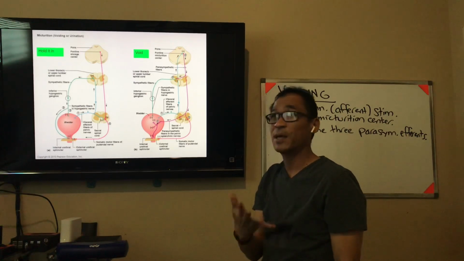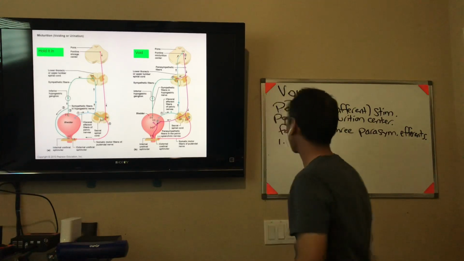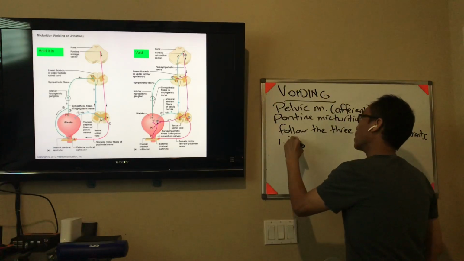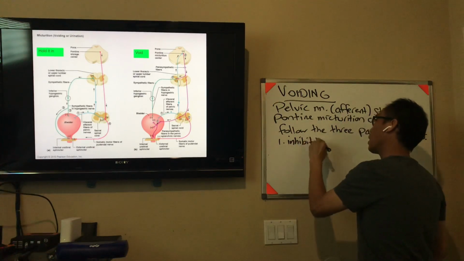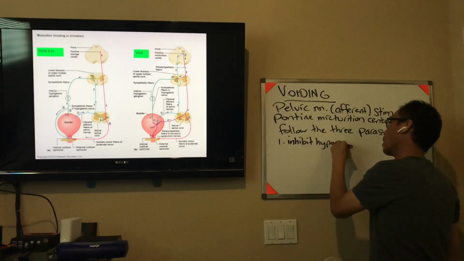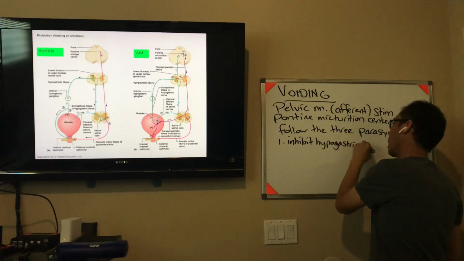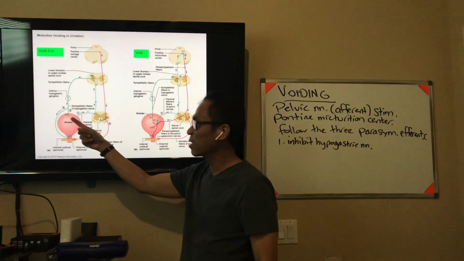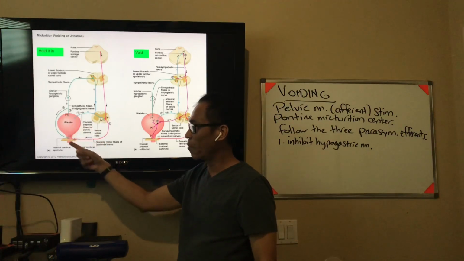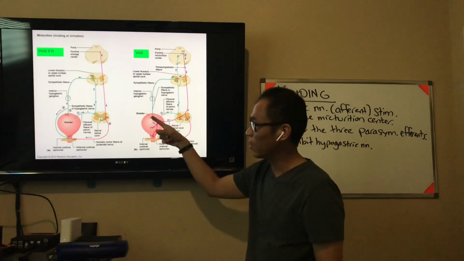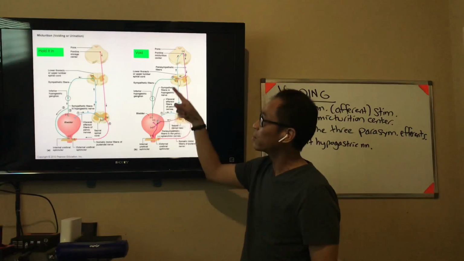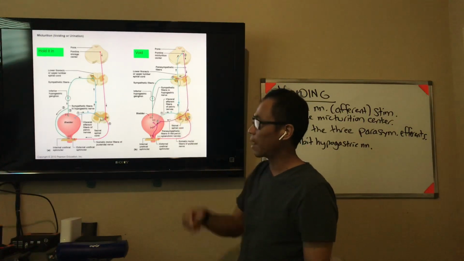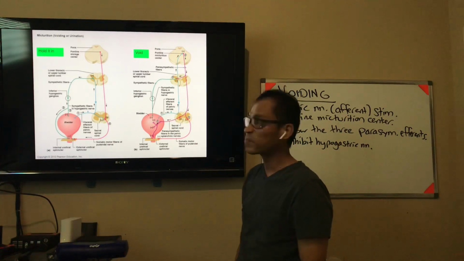You inhibit hypogastric nerves. Because remember, hypogastric is what helps you hold it in. So it kept you from going. So you want to inhibit the inhibitory. So inhibit the nerve that was inhibiting the bladder from contracting.